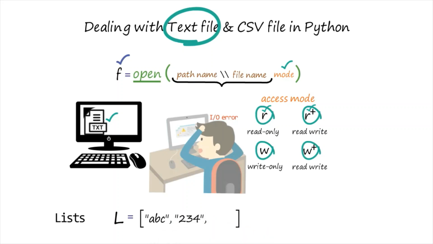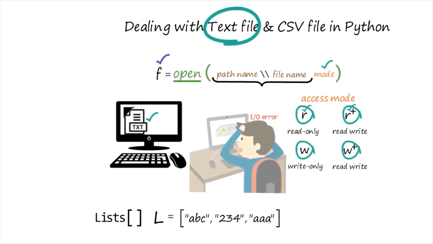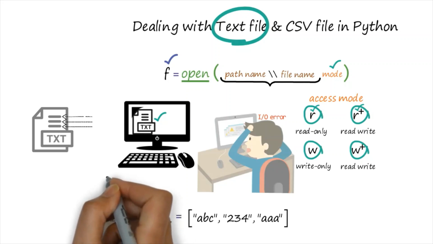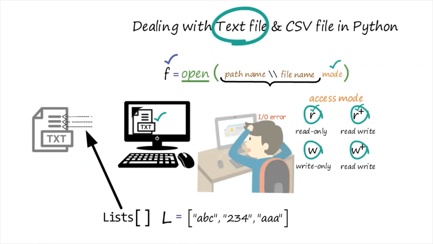It can hold any mix and match of these; there is no restriction on what kind of data it can hold, and a list is always depicted by square brackets. So what is my objective? My objective is, after creating a text file, to supply some data inside it. So I am supplying data inside the text file in the form of a list.